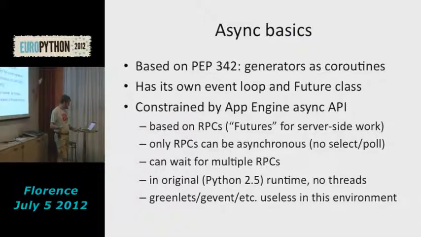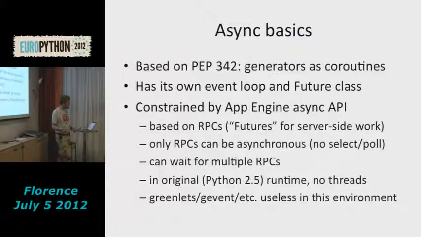So the only other constraint, so this constrains the design of NDB's asynchronous API a lot, because we can't base it on sockets and polls. There's only this one primitive operation, which is make an asynchronous RPC and get an RPC object back, and then wait for the first one to be available of multiple RPCs, or maybe just wait for one particular RPC.